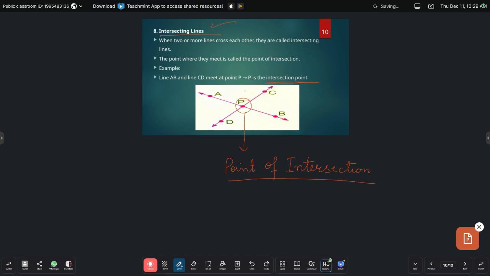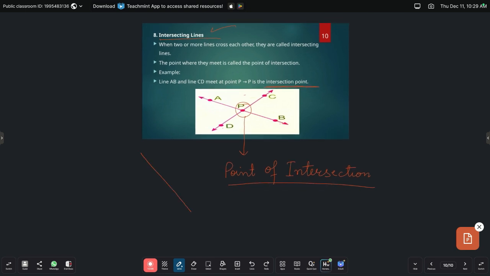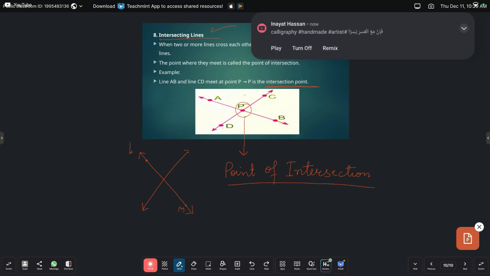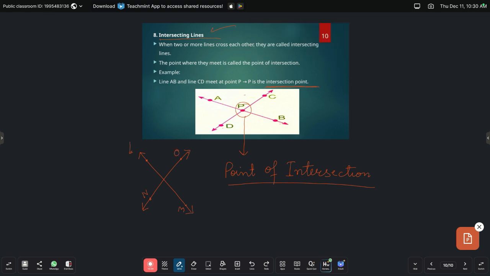Okay, boys, suppose I am drawing a line here, LM. Here it is L and here it is M. Then here it is N and here it is O. Let me tell you, these two lines are meeting at this point and this point is Y. So what is Y?